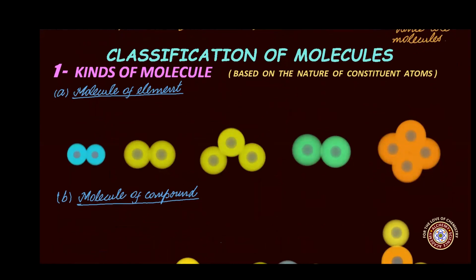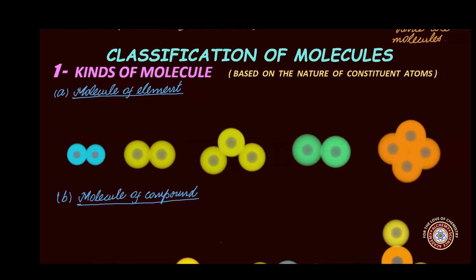Molecules of chemical substances can be classified on the basis of different factors, which are nature of constituent atoms, atomicity, polarity, and molecular geometries. In this video lecture, we will remain confined to the first two types of classification of molecules.